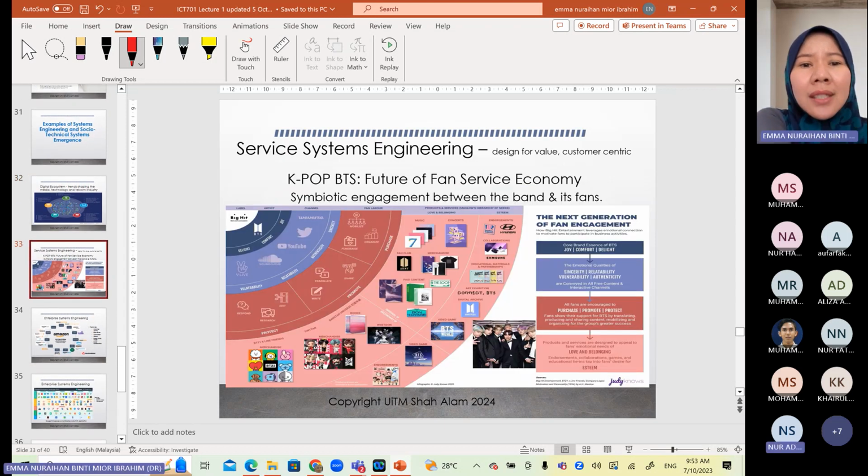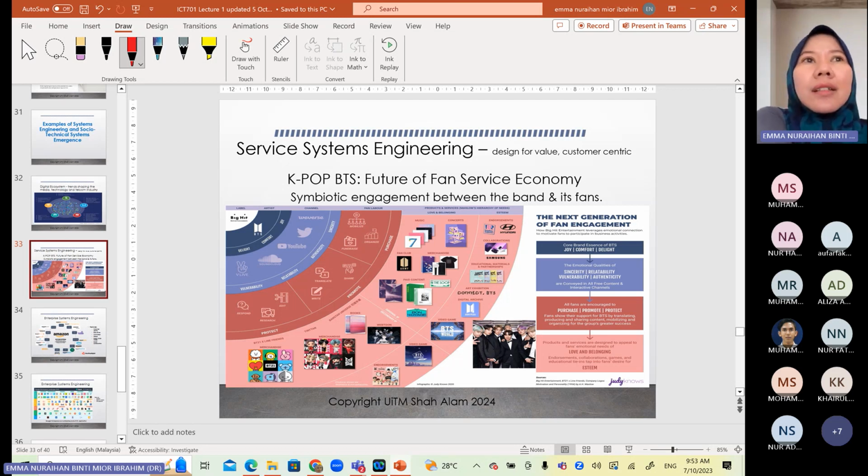Okay. Service system engineering, ni yang cakap pasal service economy which contributed to the South Korean economy. Okay, design for value, customer centric. Pernah tak terfikir kalau kita ni artis, ya dulu artis ni dia nak jumpa peminat, dia pergi buat promo dekat shopping complex, dekat mall, ya.